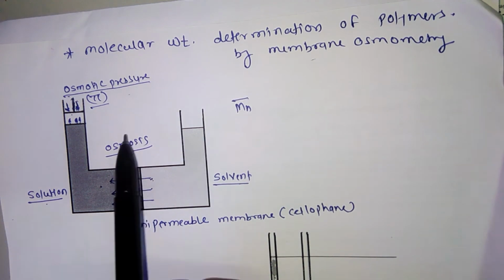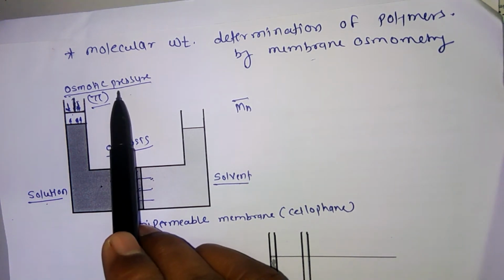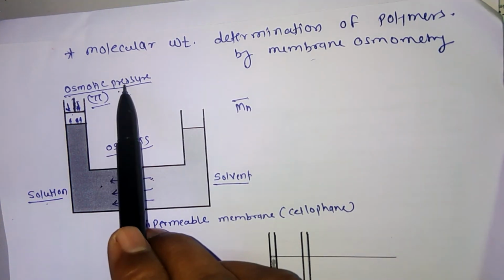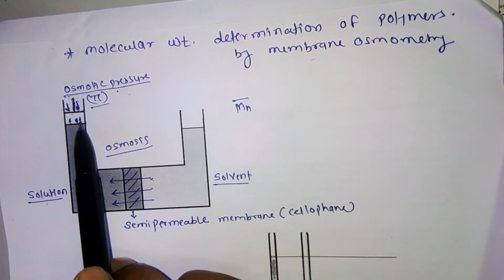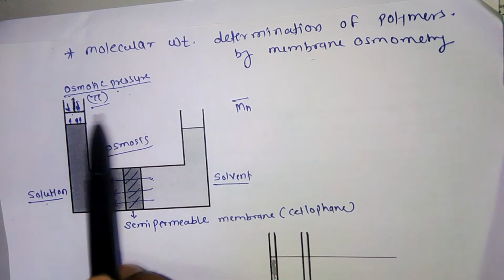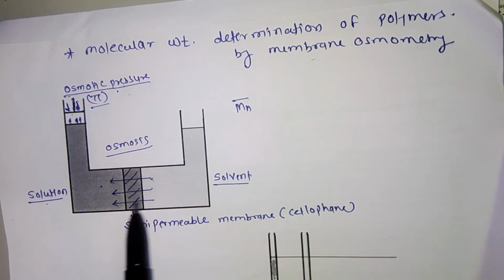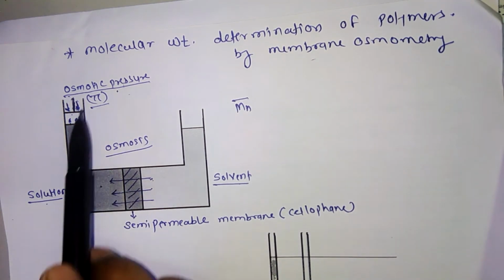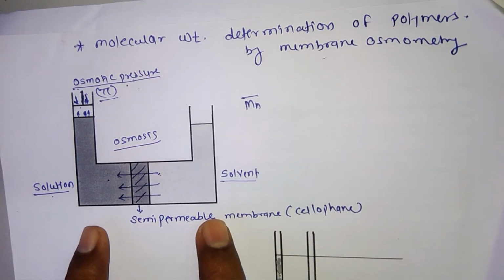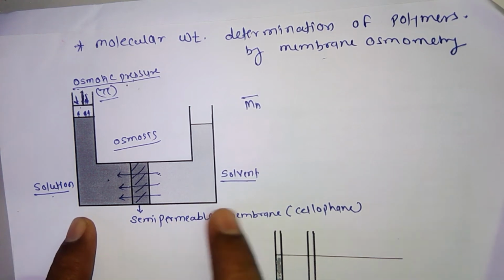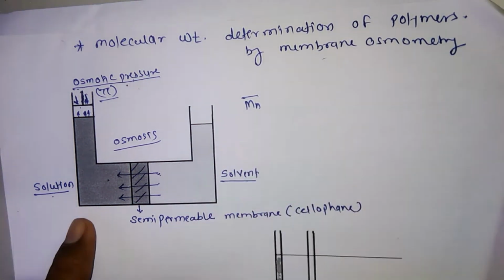The osmotic pressure of a solution is defined as the pressure that must be applied to the solution so as to totally prevent the flow of solvent through the semi-permeable membrane into the solution. In this way we can see the principle of this technique.